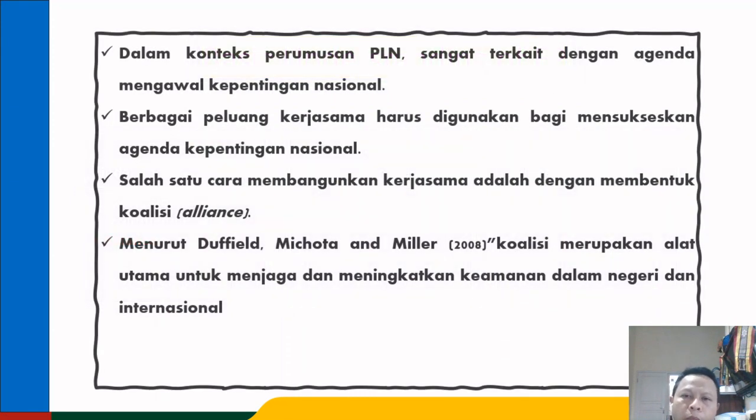This is one of the components of the foreign policy decision making process that is very significant, because to achieve a national interest, we have to create strategies to achieve foreign national interest.